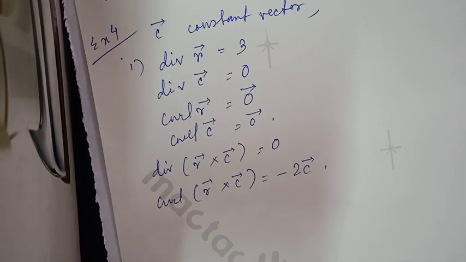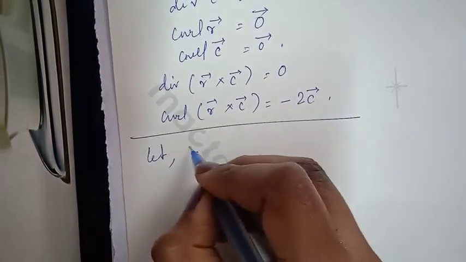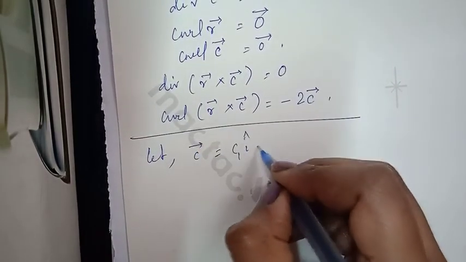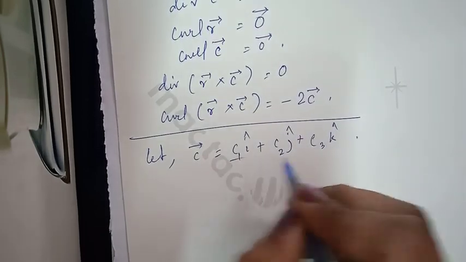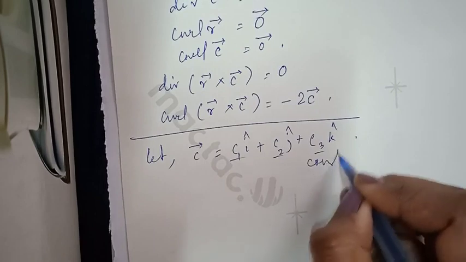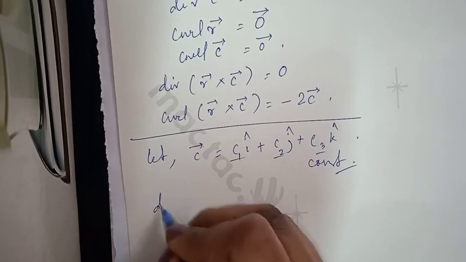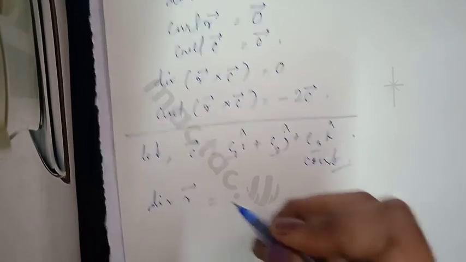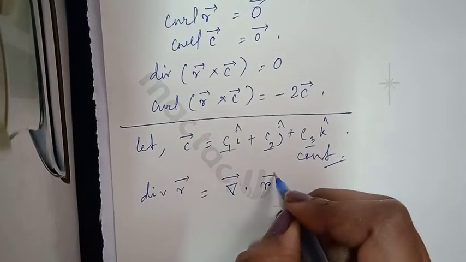Now whenever R is any arbitrary vector, we know how to take R. R will be x i cap plus y j cap plus z k cap. But for C it is a constant vector, so we need to take C as c1 i cap plus c2 j cap plus c3 k cap, where c1, c2, c3 are all constants because it's a constant vector. Now let's start. The first one, divergence R. Divergence R means this nabla operator dot R vector.